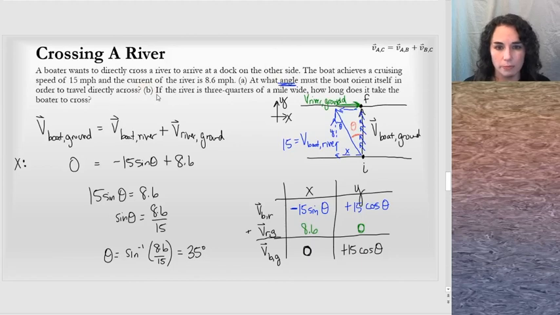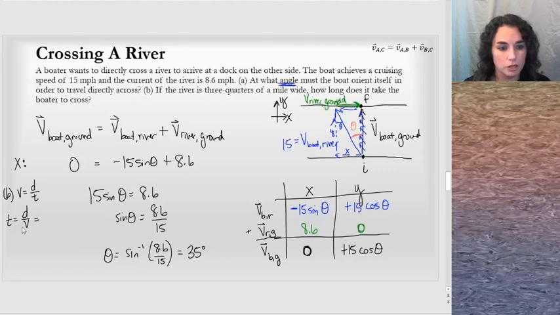Let's solve part B. If the river is 3/4 of a mile wide, how long does it take for the boater to cross? Okay, so we want a time. To find the time, it's constant velocity again, so we know velocity equals distance divided by time. We can do some algebra on this and see that the time will be the distance divided by the velocity.